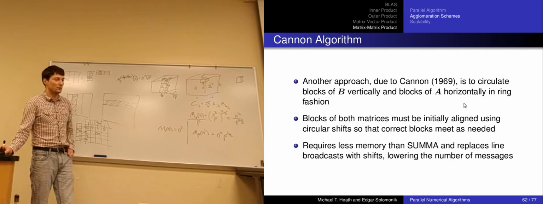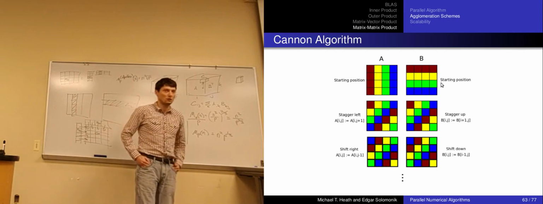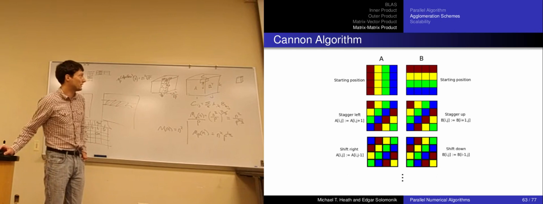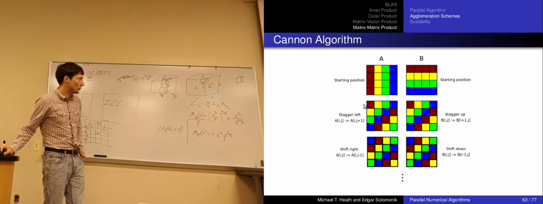What it does is effectively use point-to-point sends along our 2D processor grid and make everything line up. We can think of our starting position, where we do the coloring, such that we want to multiply all the red blocks here with all the red blocks here, all the yellow blocks here with all the yellow blocks here.